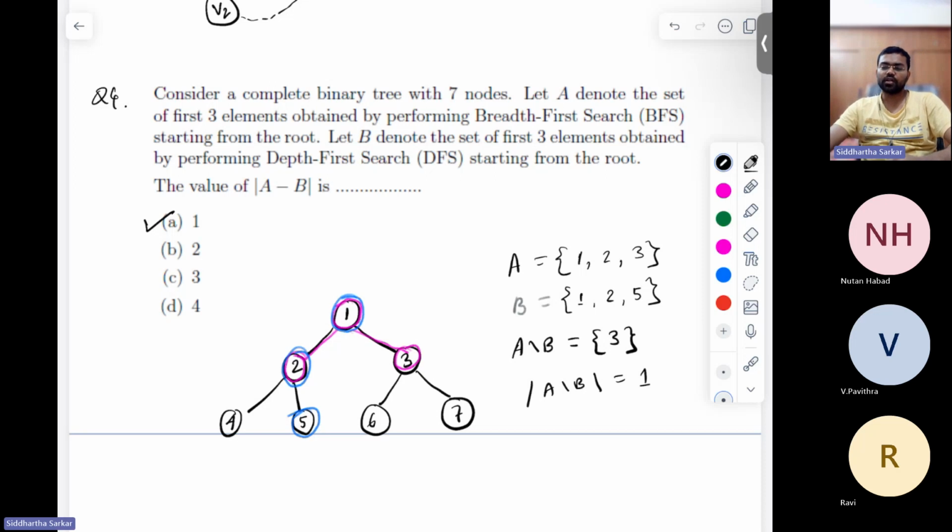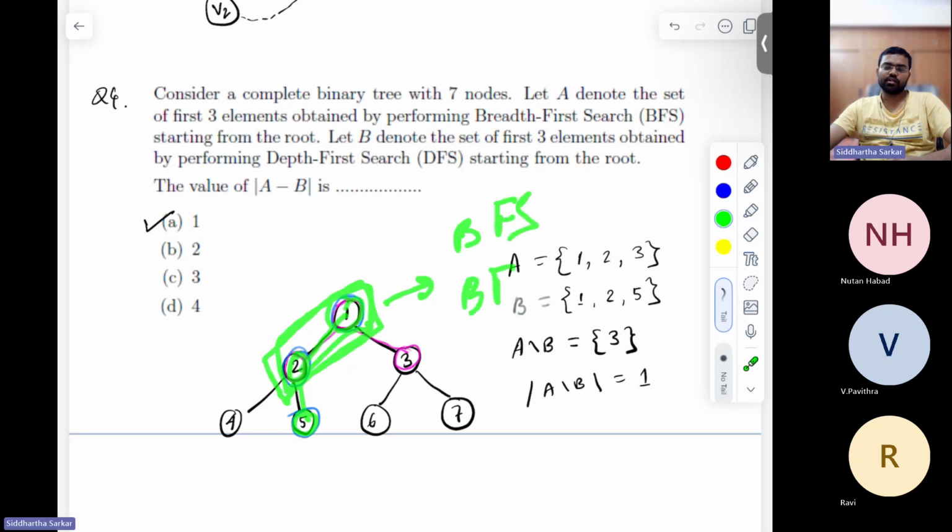So in a complete binary tree, this is what is going to happen. The BFS will take the root and two of its children, and the DFS will take the root, one of its children and one of its grandchildren. So the root and one of its children will be common in both the BFS and DFS first three elements.